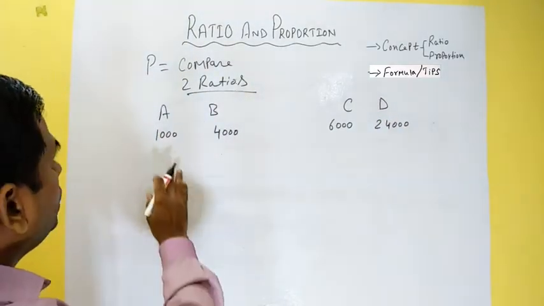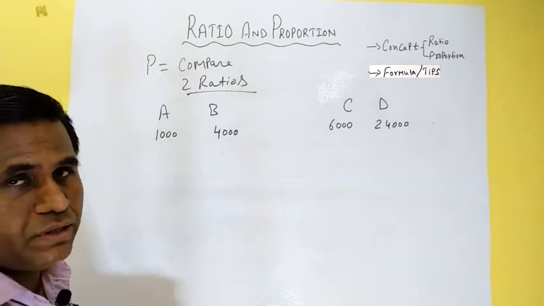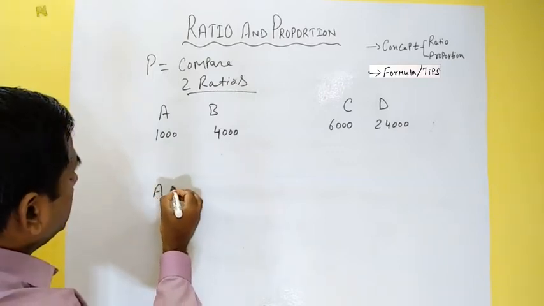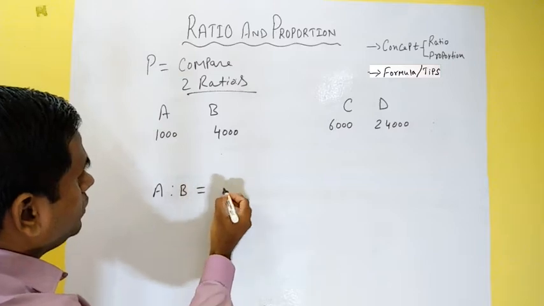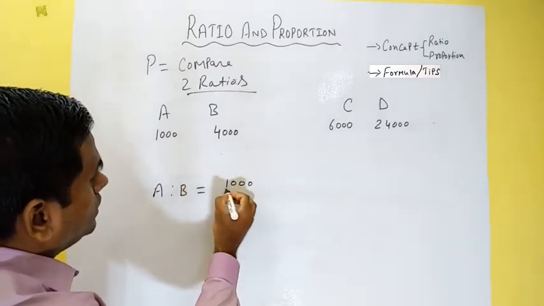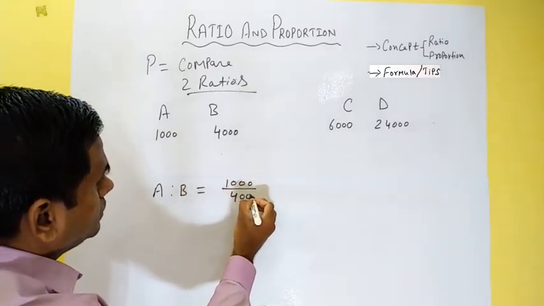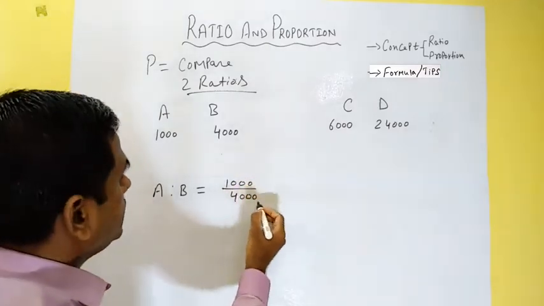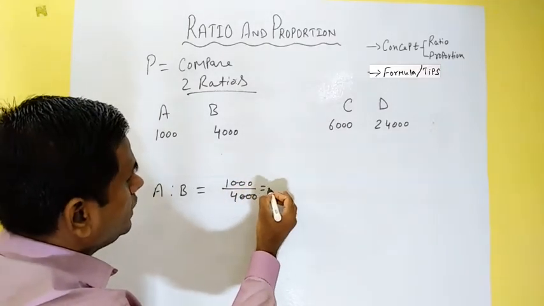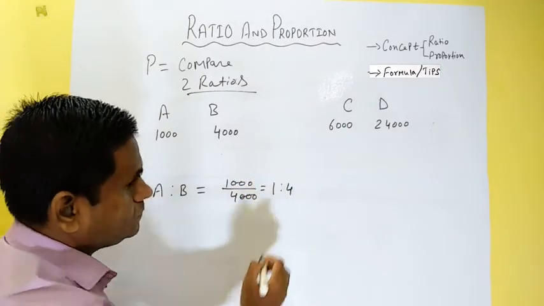Fine. So we will find the ratio of A and B. A is to B is equal to 1000 upon 4000. Upon cancellation of zeros, we get 1:4.